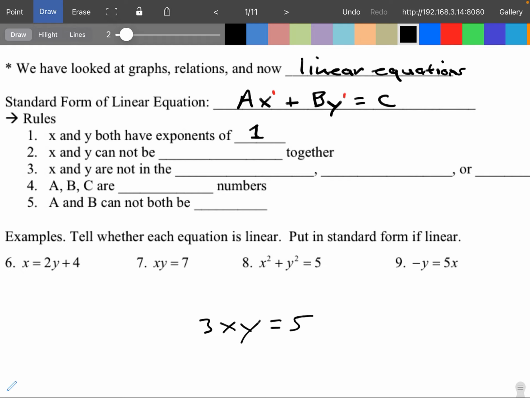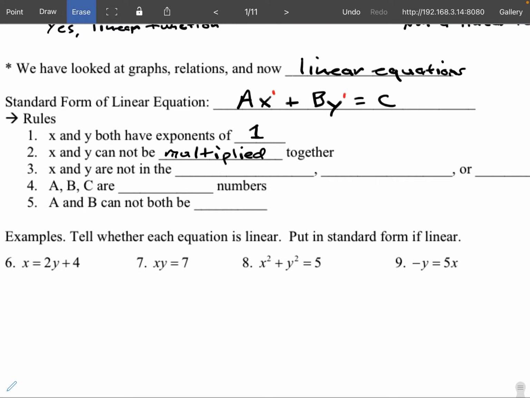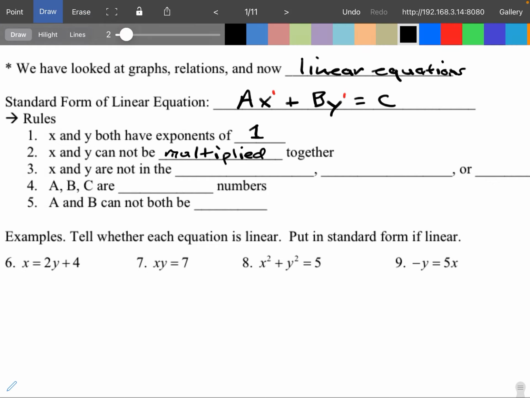So in other words, I'm going to write some examples on the bottom of the screen here. You don't have to write these down. You can't have like 3xy equals 5. That's not a linear equation, because you've got x and y multiplied together. So x and y cannot be multiplied.